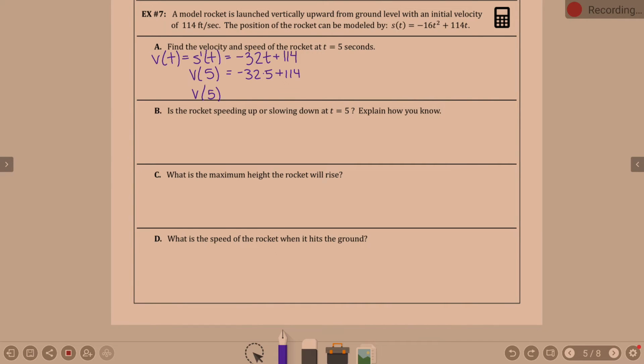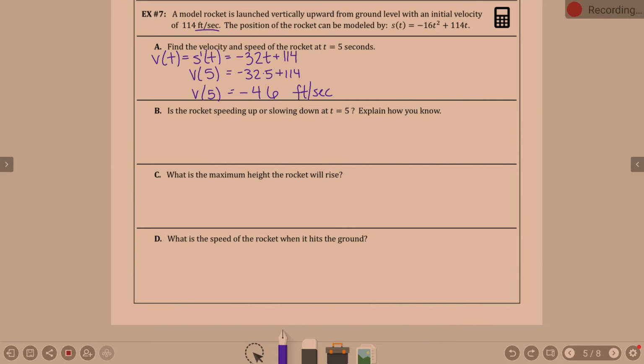That's where the calculator comes into play. I don't know what that answer is. If you try it, should be getting negative 46, I believe. That's negative 46. If you look back at the units of the problem, feet per second. It asked us for velocity.